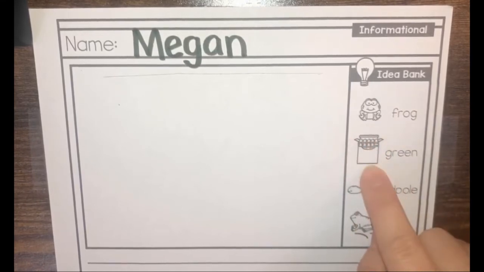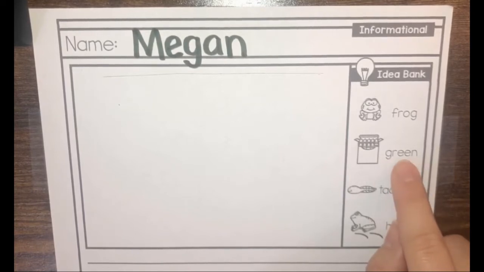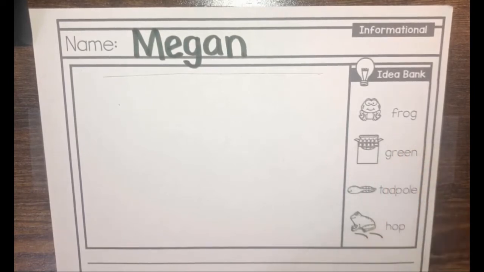These look like colors. Colors. Could this word be colors? No. It's the word green, because frogs are green. That's a cool one. We learned about this when we learned about the life cycle of a frog with Miss Cleveland. Tad.